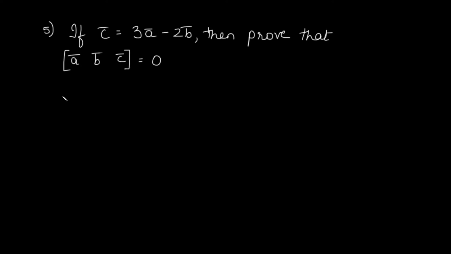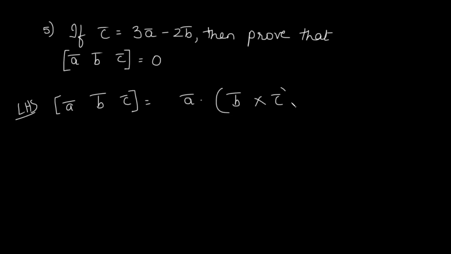Now, box ABC, one way of doing it is taking the box product. On the LHS, box ABC can be written as A dot B cross C, where C is actually 3A minus 2B.